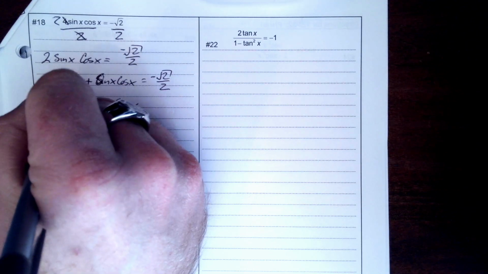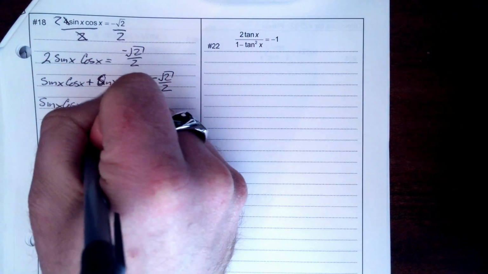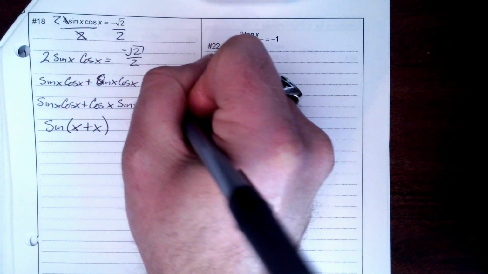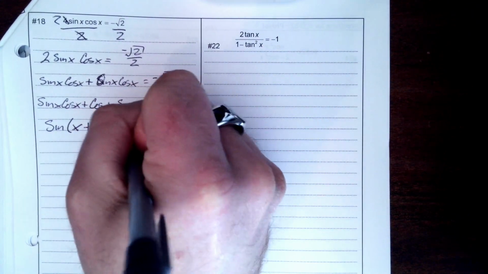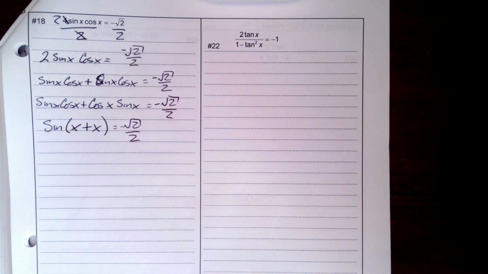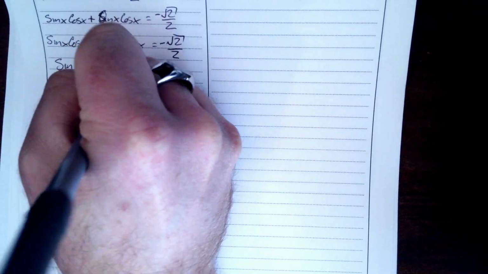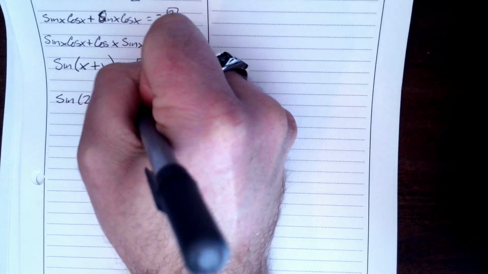So we're actually taking the sine of x as our first angle plus x as our second angle. So we're actually looking at, and this is now a formula that we can create, the sine of 2x. And the sine of 2x equals negative root 2 over 2.